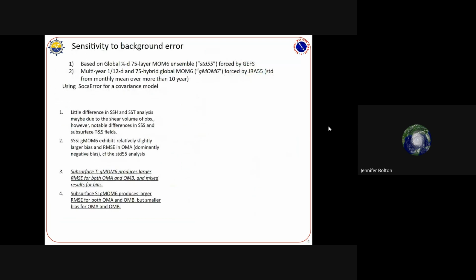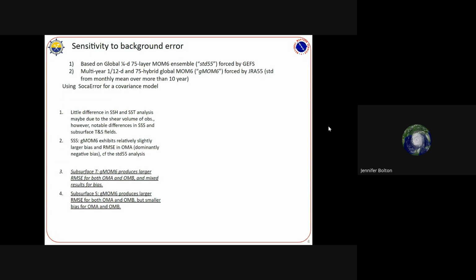Next. I'm going to skip this one. And then this is a sensitivity to background errors. So we happen to have two types of background errors coming from the global 1/4 degree, 75 layer MOM6 ensemble forced by GEFS. We call it STD55.